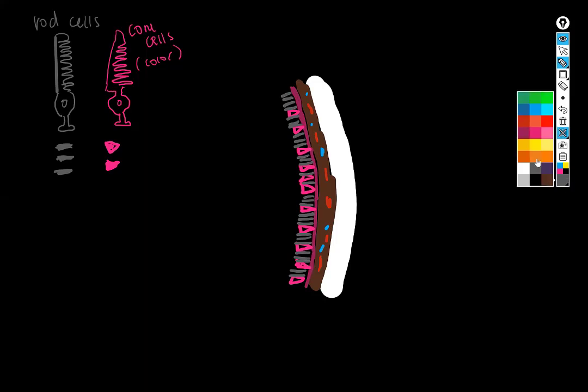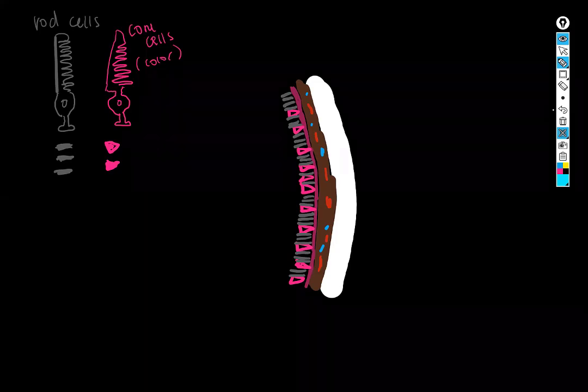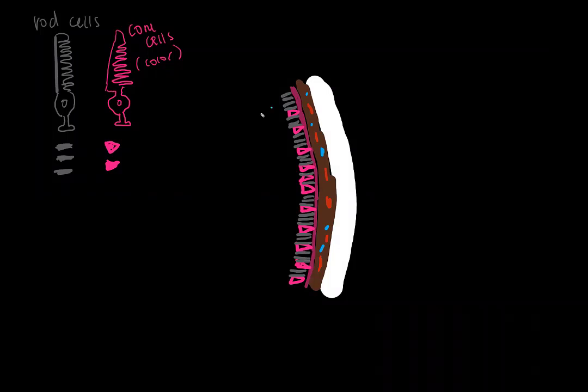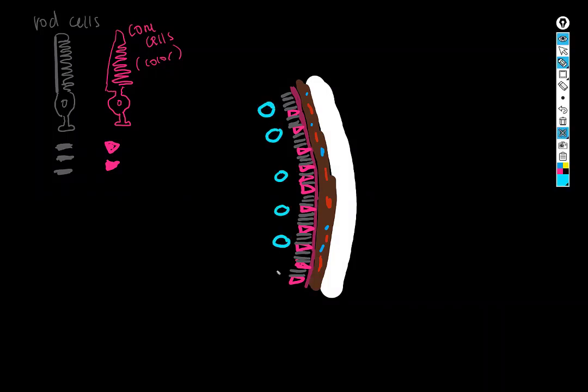And then we have a layer of, and I'll label all these layers in a little bit, bipolar cells, which are very short neurons. They are bipolar neurons.